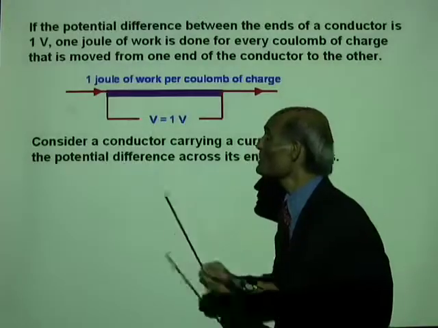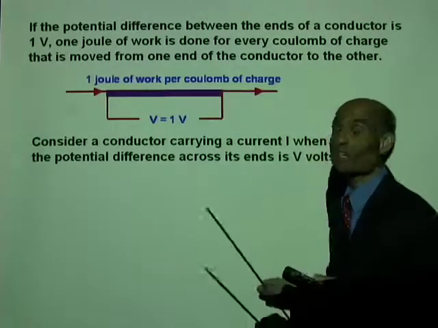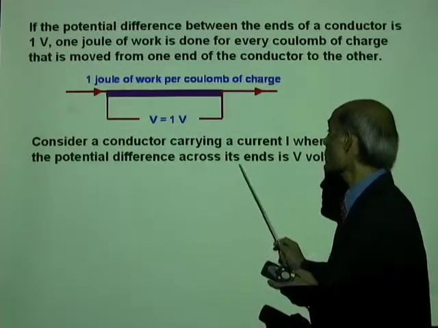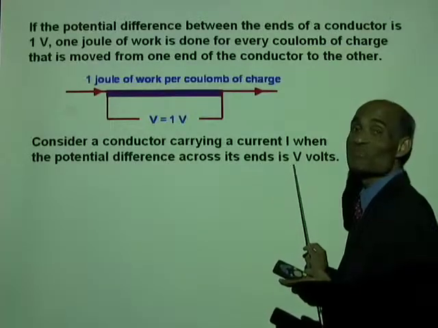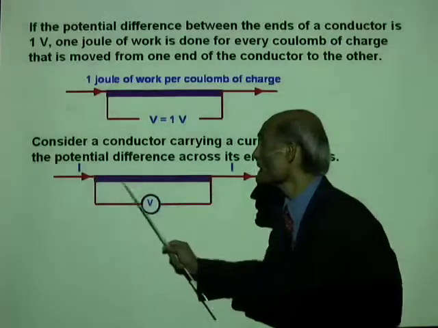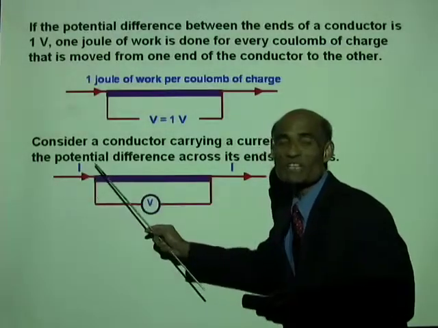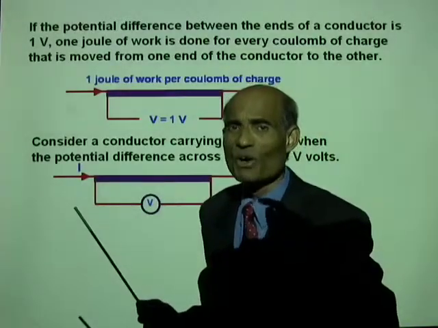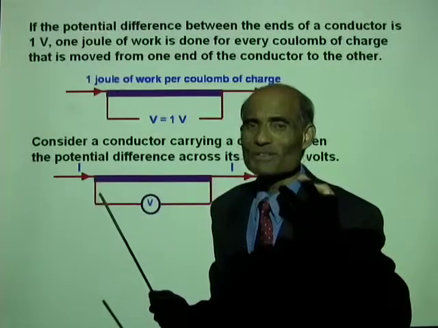Alright, let's consider a conductor carrying a current I when the potential difference across its ends is V volt. Alright, we have a conductor here. The current in it is I. What is the meaning of that? What is the definition of current?